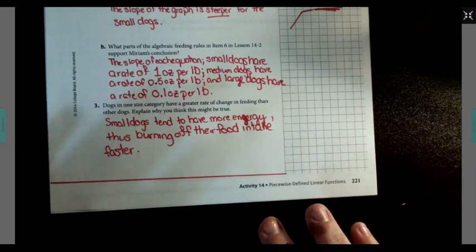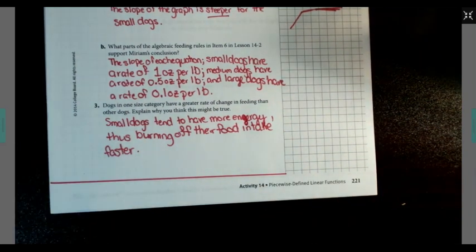You could have come up with a million reasons as to why we think smaller dogs tend to have this greater rate of change in their feeding than other sized dogs.